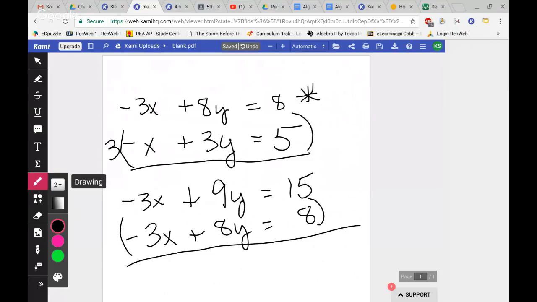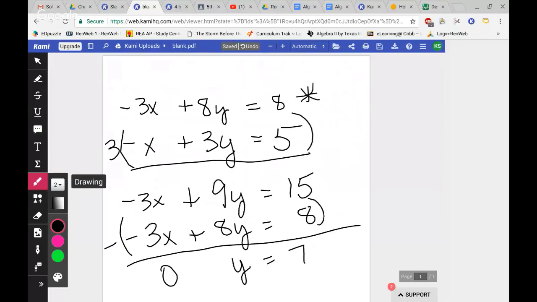When they're opposite, you can add them, and when they're the same, you subtract them. So I've got a negative 3x minus a negative 3x, which is going to cancel those two out, right? Now I've got a 9y minus 8y, which is y. And then 15 minus 8, which is 7.